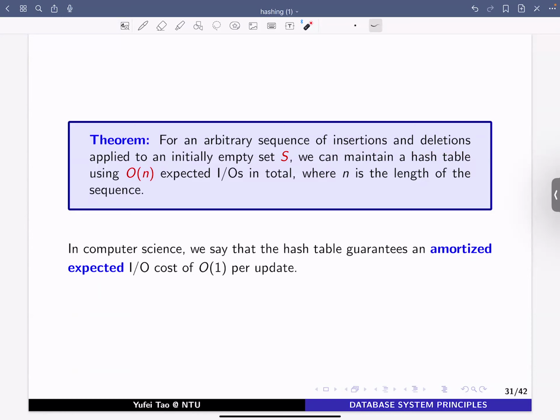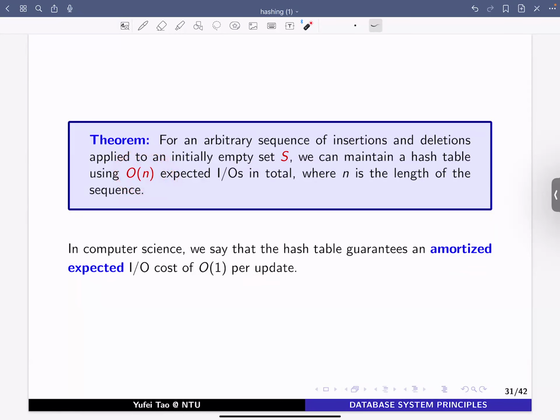Well, finally, just so you know, in computer science, whenever you have something like this, we want to say something more concise. So it suffices to say that every update is amortized a constant number of IOs. So this word amortized is essentially another way of saying in total, with n operations, you'll be using n IOs.